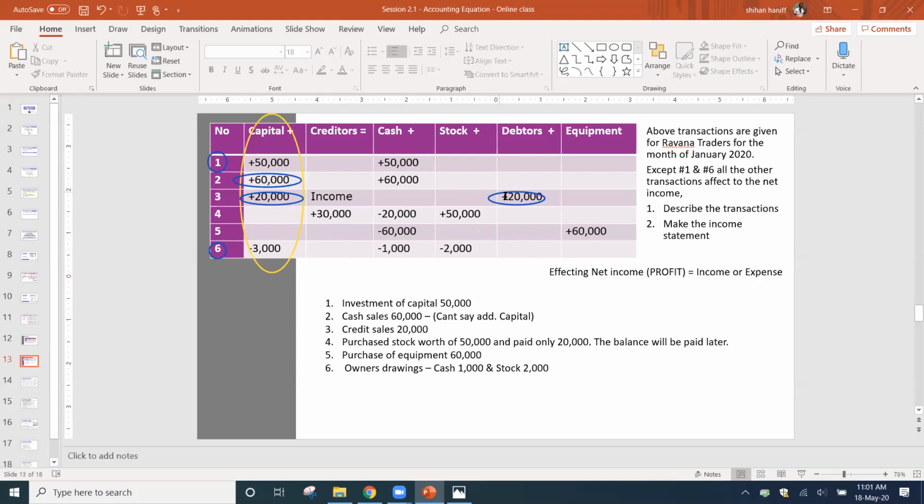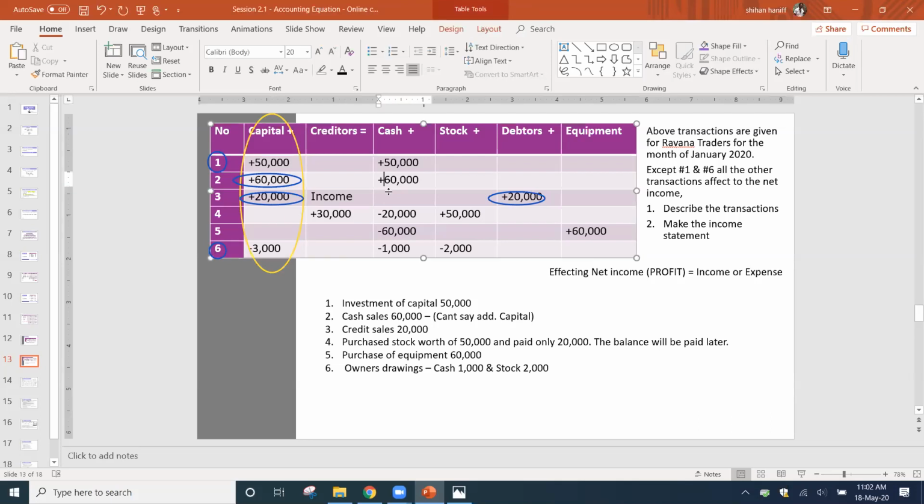Here they have not given the cost of the sales for the credit sales and cash sales. So actually you can't calculate the profit based on this information. If you assume the sales income, the 60,000 and 20,000, as other income receivable, assume that way, you can calculate the profit. Otherwise, they have to give you the cost of sales to calculate the profit.